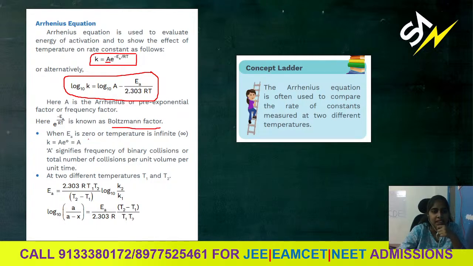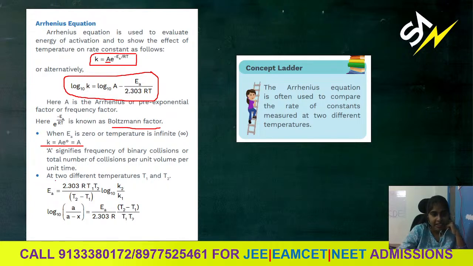Where Ea is 0 or the temperature is infinite, Ea/RT is 0, and this whole term becomes 1. Then k is equal to A. The rate constant is equal to the pre-exponential factor. This is shown here.